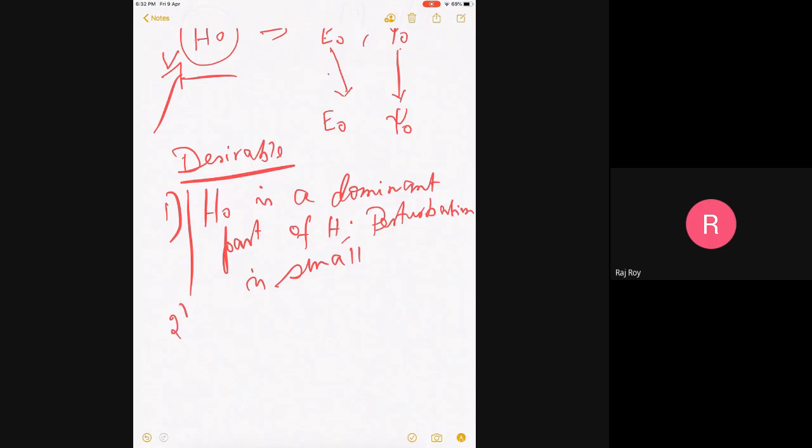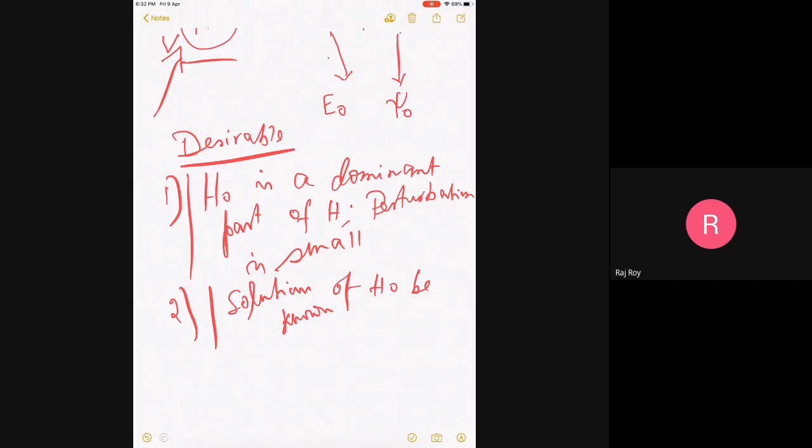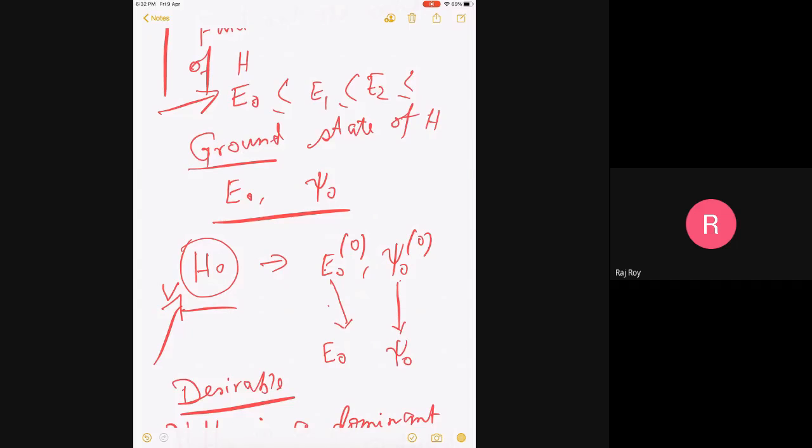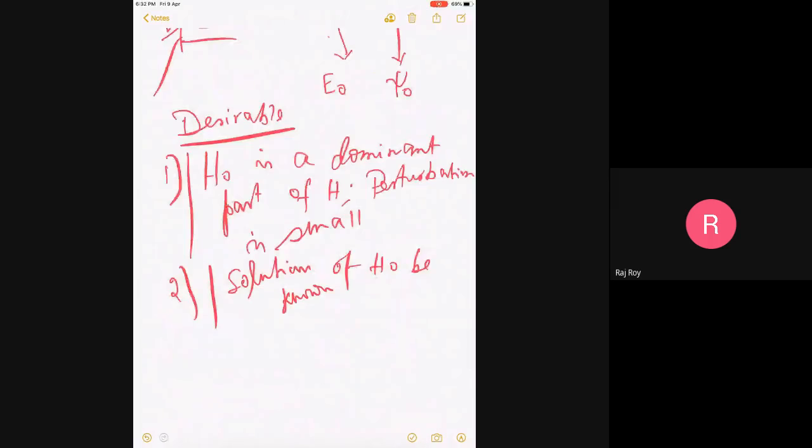The second feature is that the solutions of H naught be known. This is something that you will realize a little bit later, so just hang on. Why do I need to know all the solutions? Because you can ask me a question that I am interested only in the ground state of H. But you will see a little later that even to find the ground state of H, you need all the solutions of H naught.